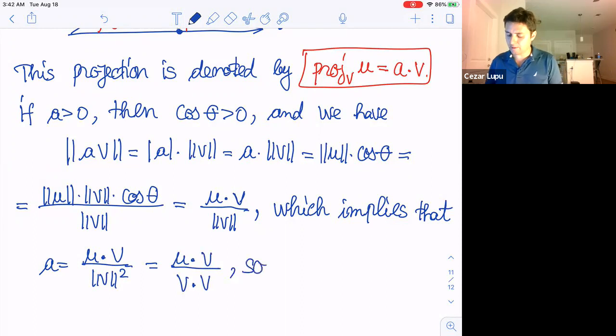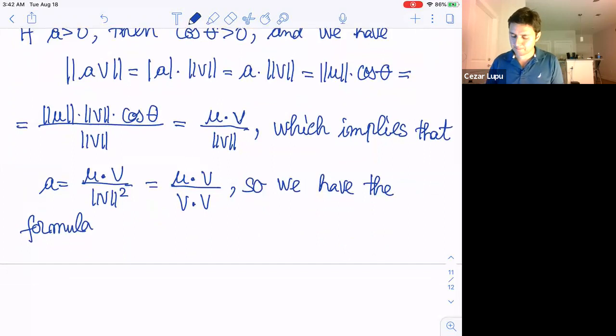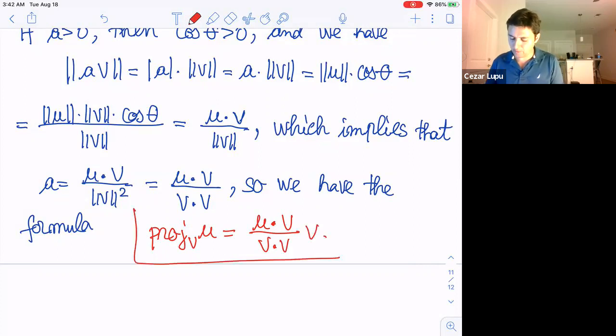So finally, we have the formula that the projection of u onto v will be nothing else than just u dot v over v dot v times v. That's the formula.